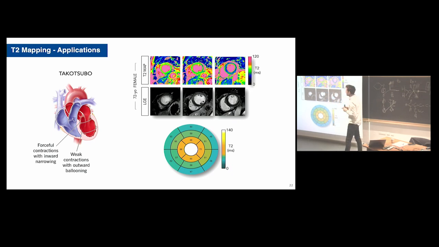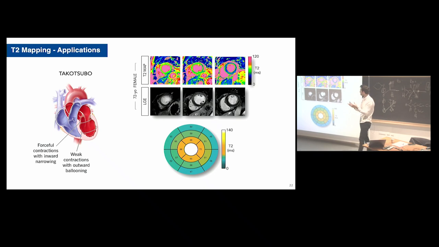This is, I would say, a woman's disease. In this Takotsubo population, 90% of the patients are women. This is stress-induced. And when you look at the heart on cardiac MRI, the left ventricle looks like a jar, like that. Because of the stress, the heart is remodeled, deformed.